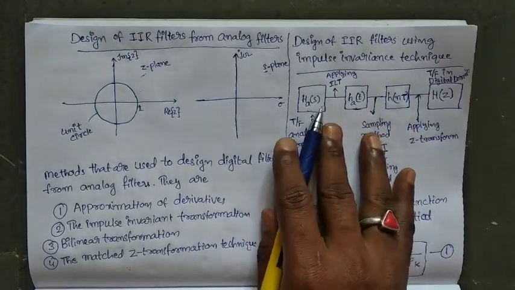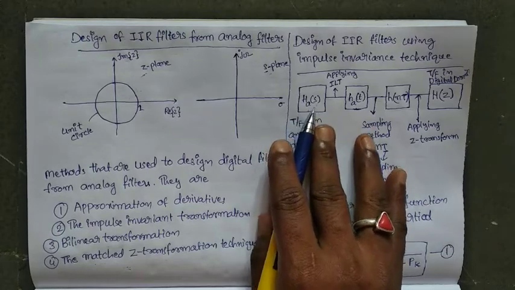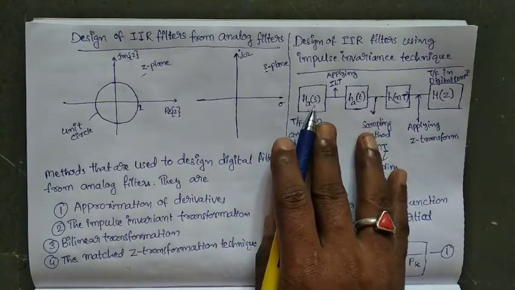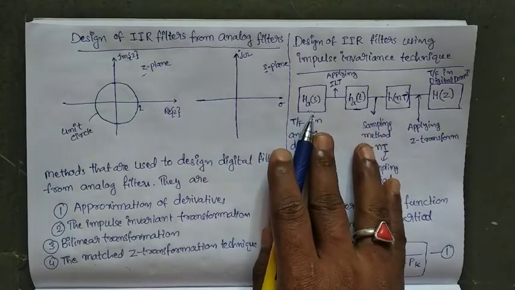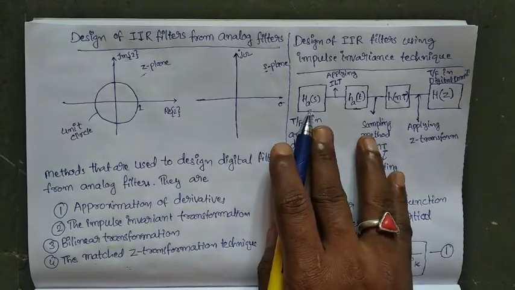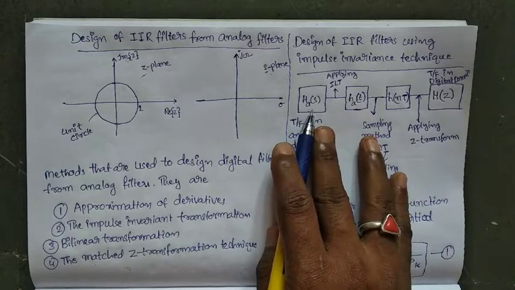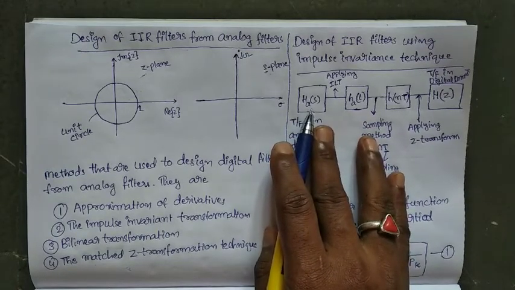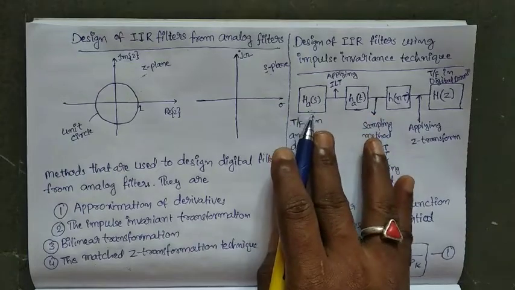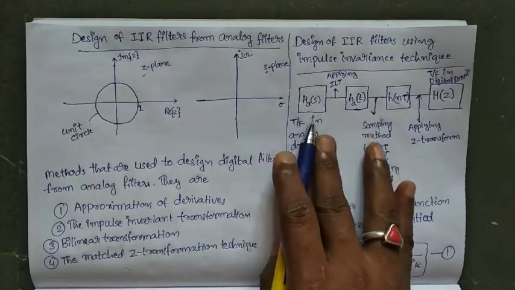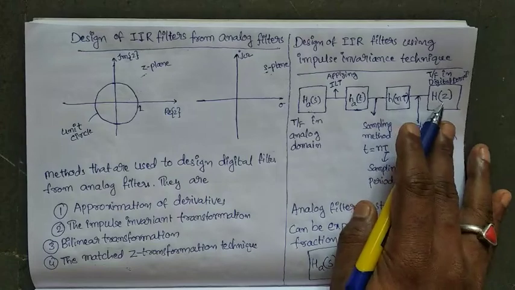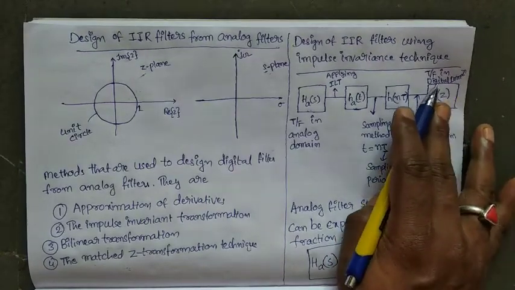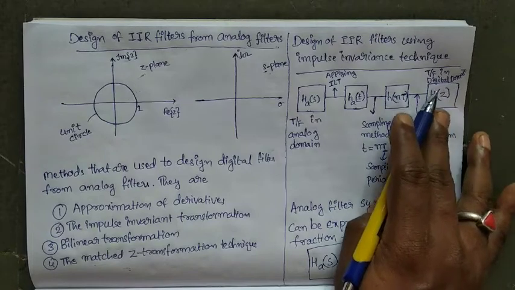Here HA of S is the analog filter transfer function, the transfer function in the analog domain. Now we are converting this analog transfer function into the digital filter transfer function, which is denoted by H of Z.